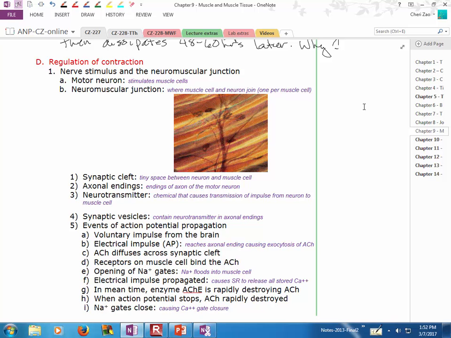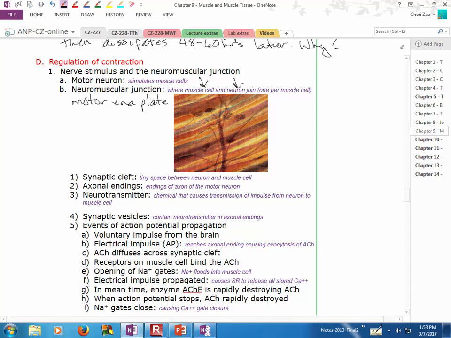And where it stimulates it is called the neuromuscular junction. It's where a muscle cell and the neuron join. There's always going to be at least one neuromuscular junction per muscle cell. And you will also see it called motor end plate, which is another name for neuromuscular junction.